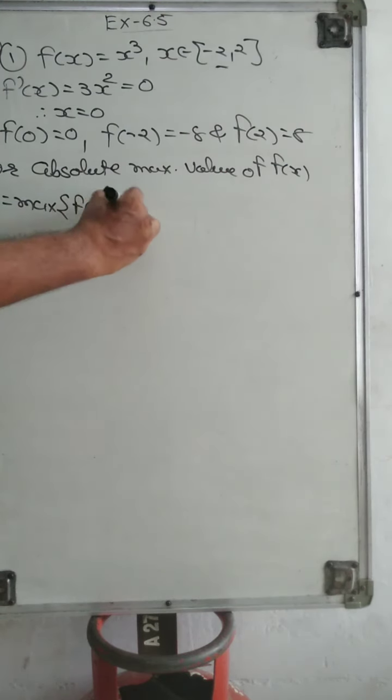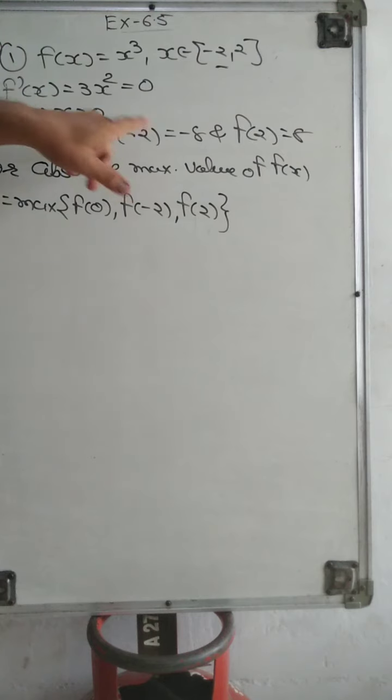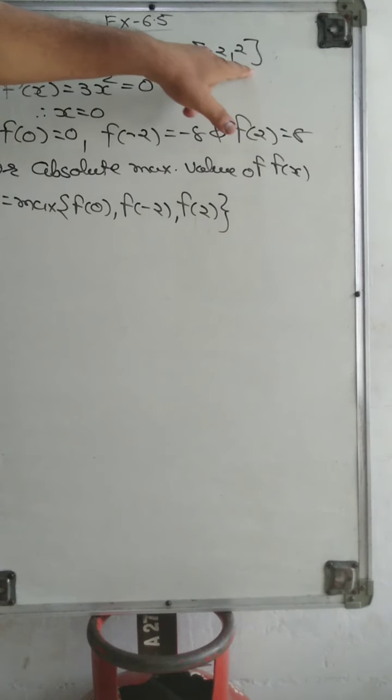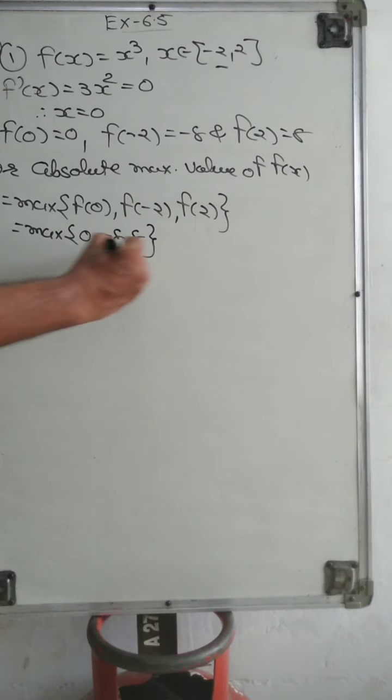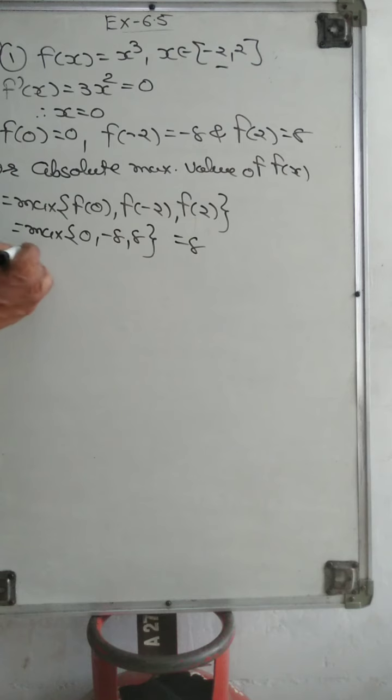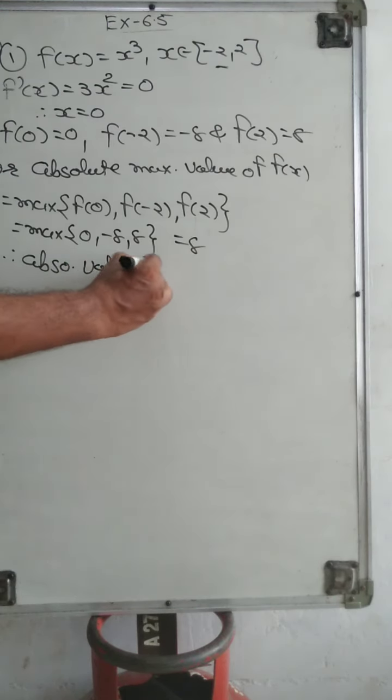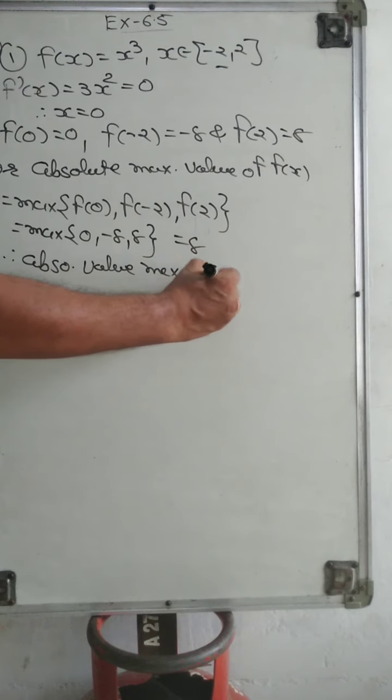We want to take all these values which are in critical point as well as in our interval. Okay, so here the maximum value of 0, -8 and 8 is 8. Therefore the absolute maximum value is 8.